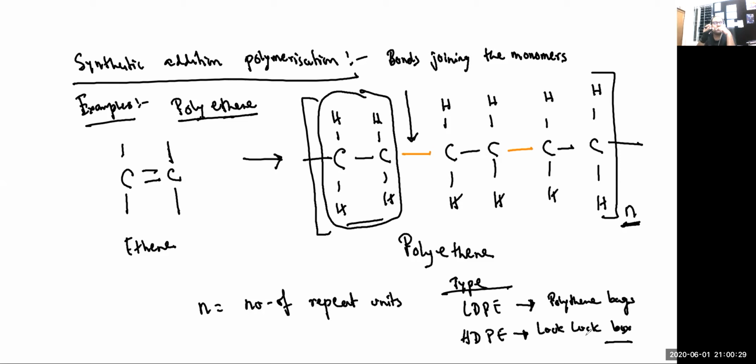These are made up of high density polyethylene. So there's no fixed number of repeat units, or no fixed number of monomers in a particular polymer. Polypropylene.